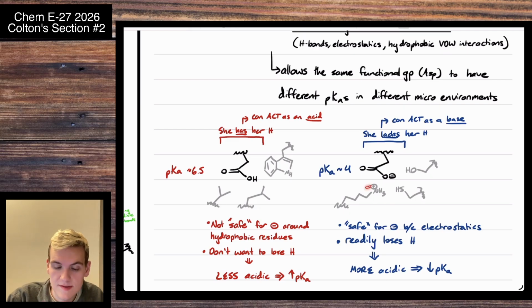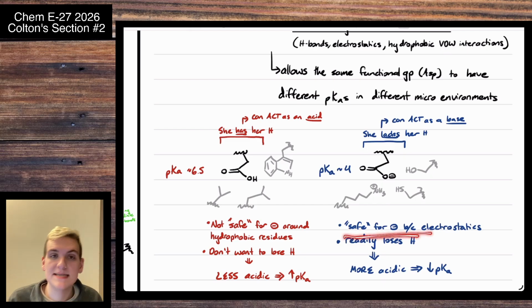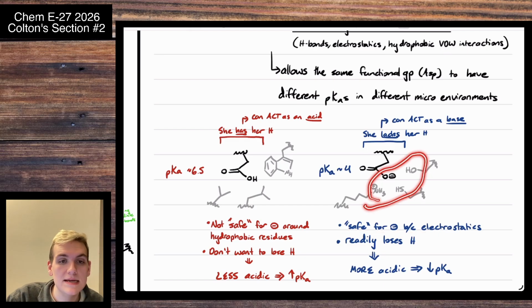Whereas this aspartate residue, surrounded by a bunch of polar things, can do hydrogen bonding and have electrostatic interactions. And so this O with a negative charge is pretty darn stable. It's safe for that negative to exist because of these electrostatic interactions that we have broadly.